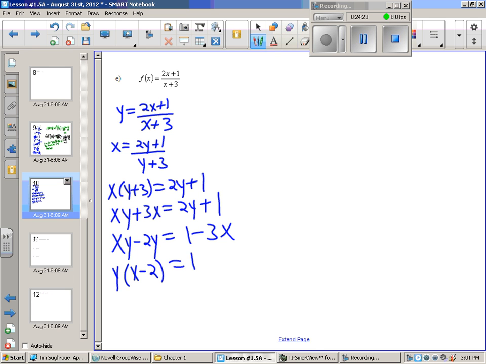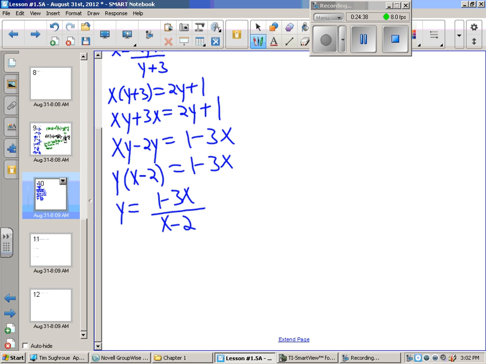So these are all pretty generic algebraic steps that just kind of flow. If you just follow through with really the best move, you're going to find out that the inverse function is 1 minus 3x over x minus 2.